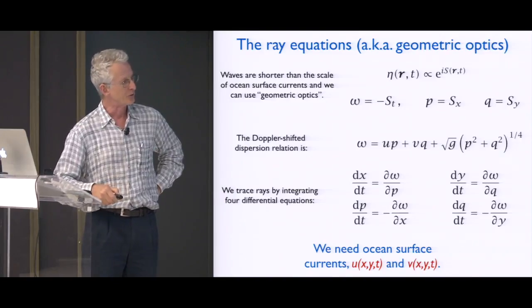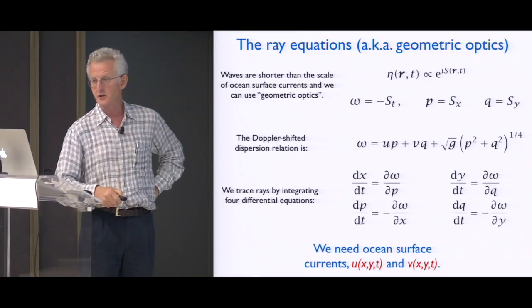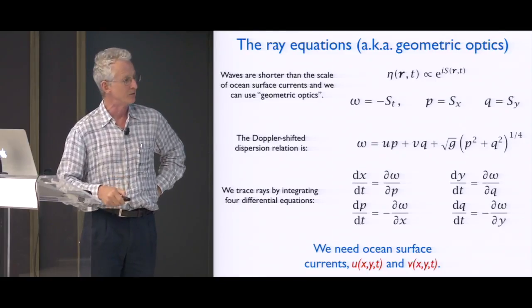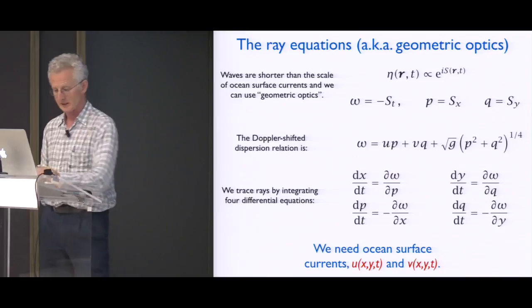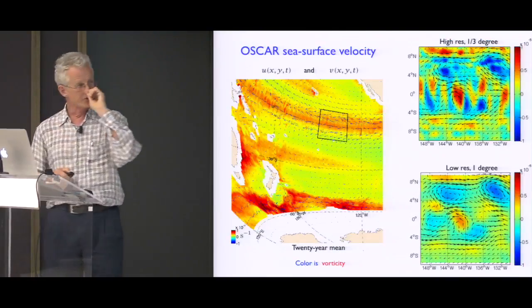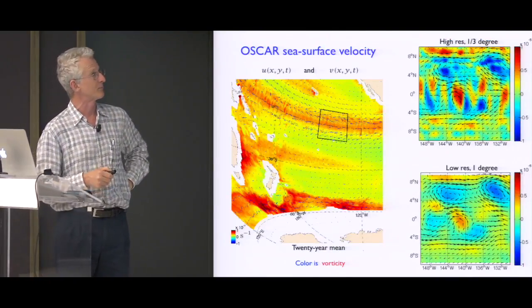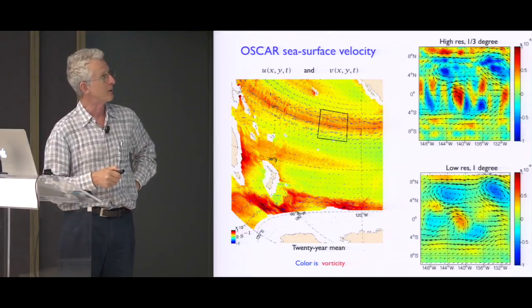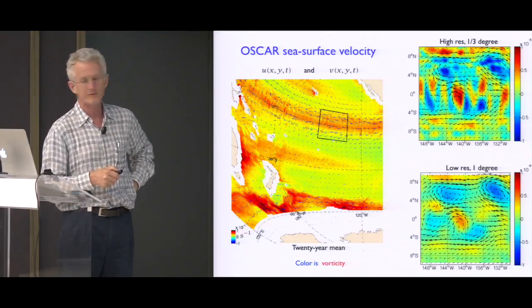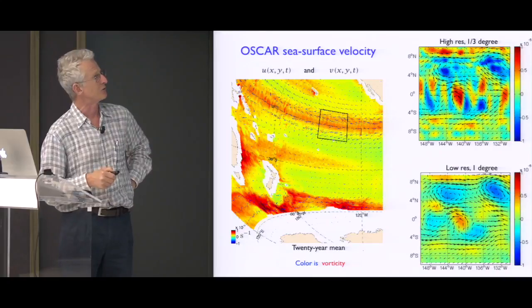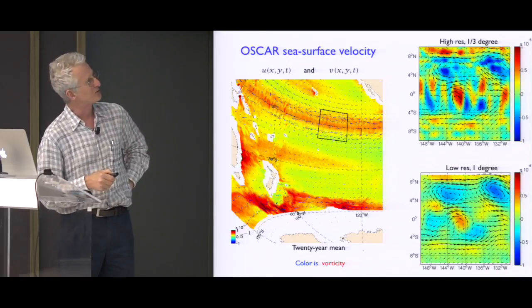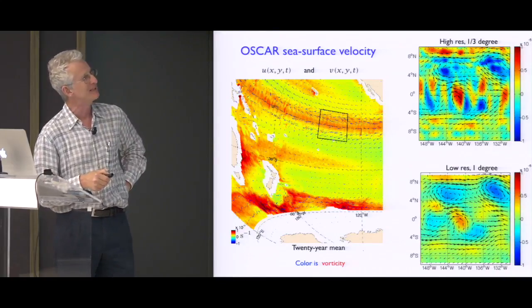And to do this, of course, we actually need surface ocean currents. We need U and V, which are functions of x, y, and t. Okay? So we're going to use a product that is worked out by combining data from satellites and from surface drifters. It's called OSCAR, Ocean Surface Current Analysis Real-time.